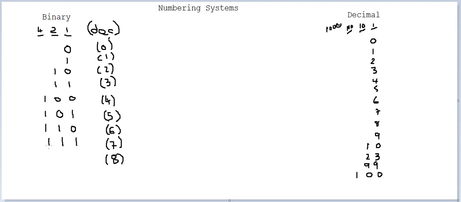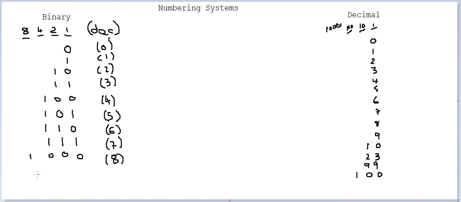Now we've reached the biggest digit in each column. So we need a new column, and we'll call that column the 8s. And so decimal 8 will need 1 there and 0, 0, 0. That gives us decimal 8.